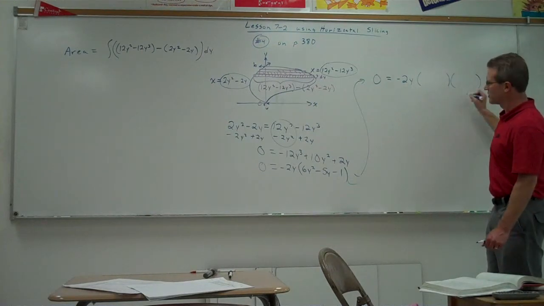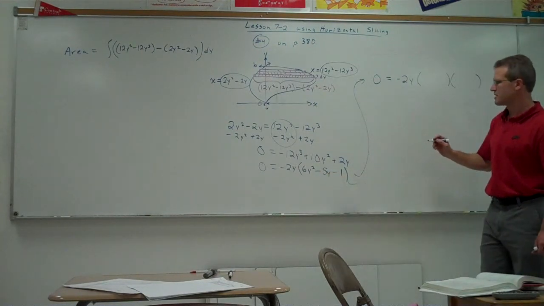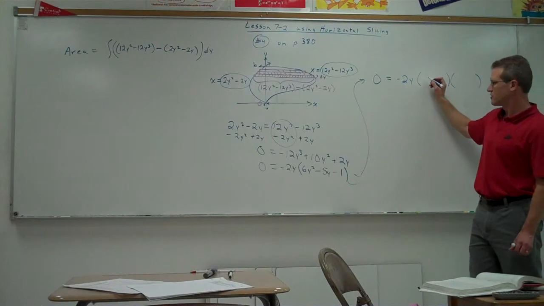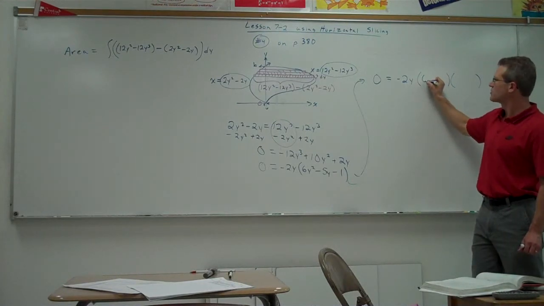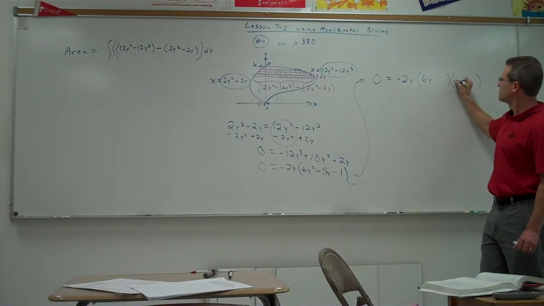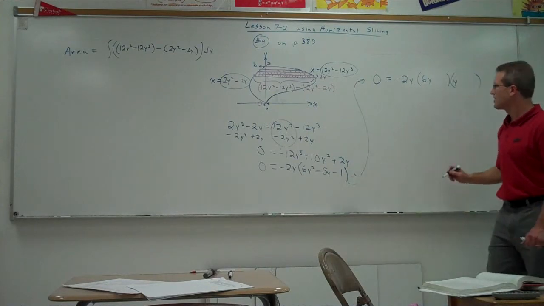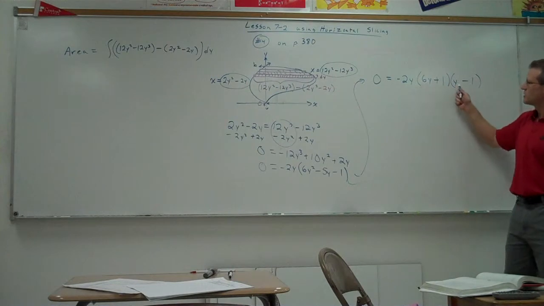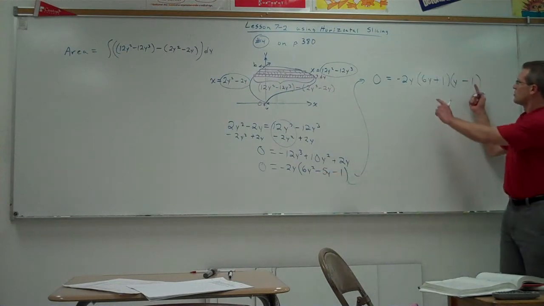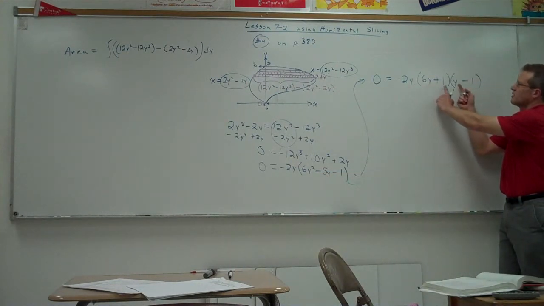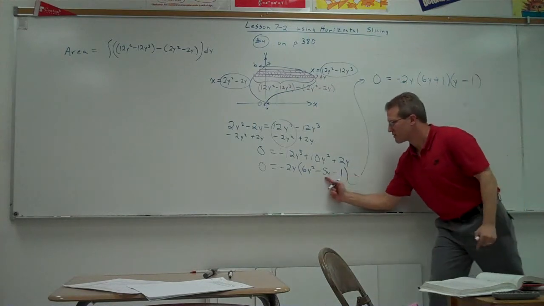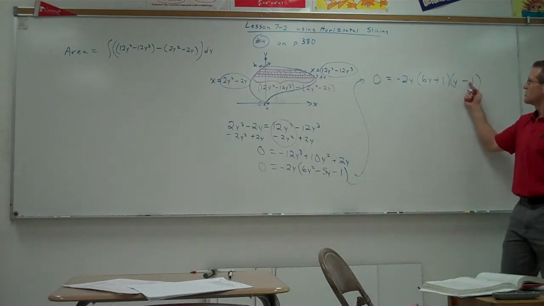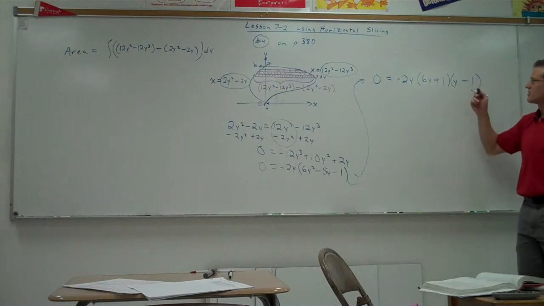Let's factor 6y squared. Let's try 6y times 1y. And for negative 1, let's use negative 1 here, positive 1 here. Let's see. 6y times y is 6y squared. Multiply these, you get negative 6y plus 1y would be negative 5y. And then 1 times negative 1 is negative 1. So this is the correct factorization.